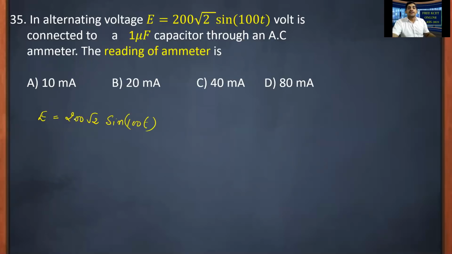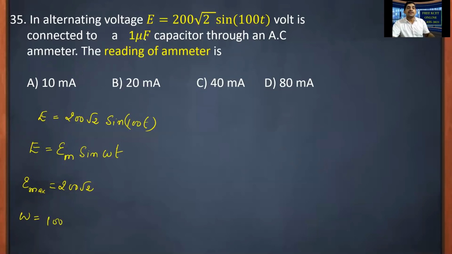The general instantaneous EMF is E maximum into sine of omega t. If you compare these two, you get E maximum equal to 200 root 2 and omega equal to 100.